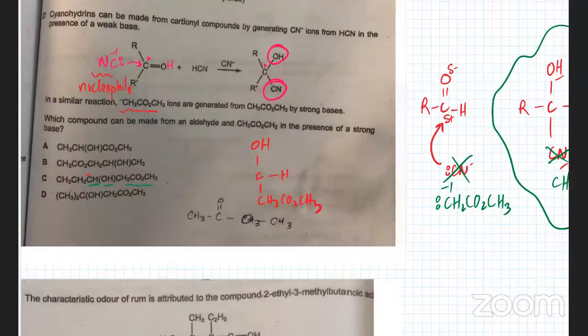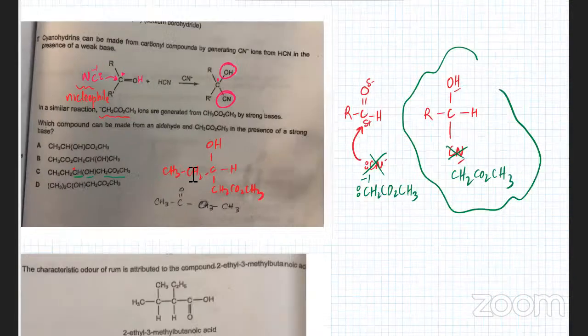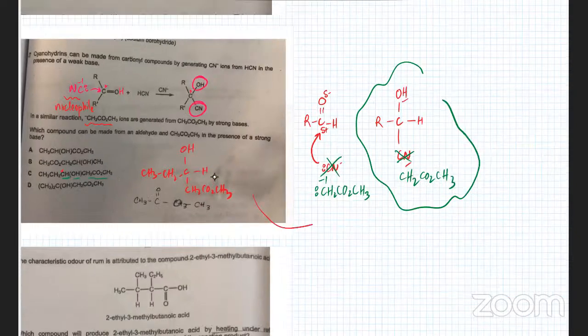And on the left side, it's got CH2, CH3. So this one exactly matches the structure that we have drawn. It's exactly the same, just in reverse.